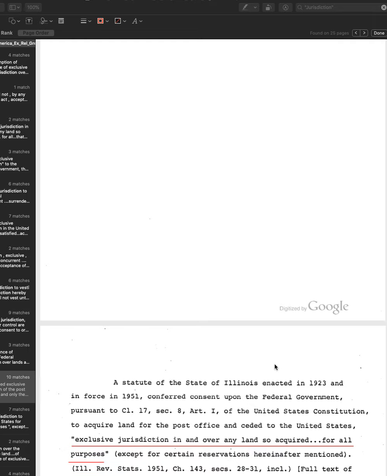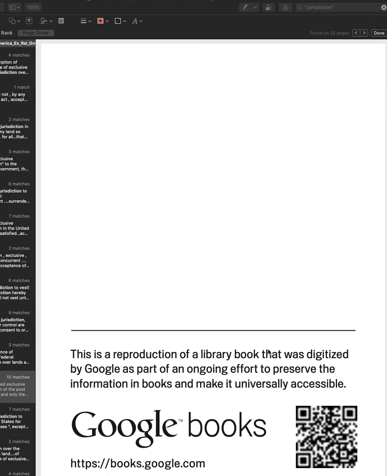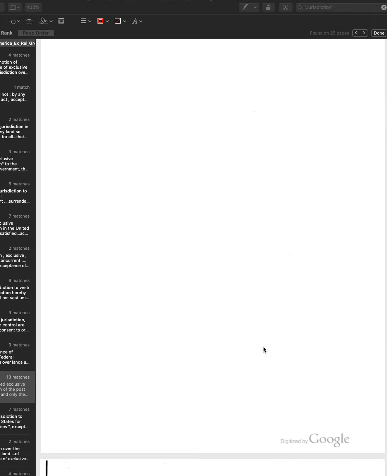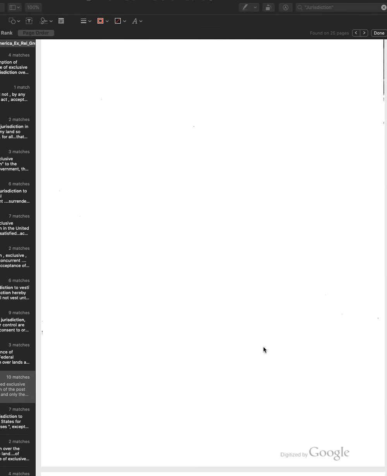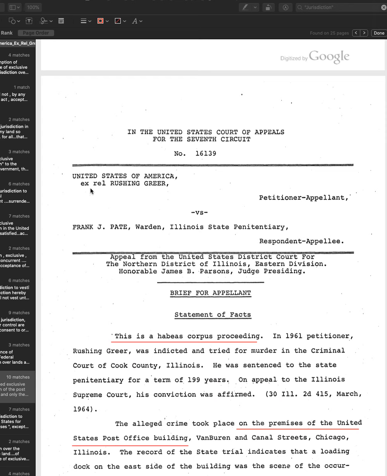Now remember, the defendant is the United States. The defendant is the federal government. The federal government brought this case forward. And they're saying they have the right to try this in the court as a crime because it occurred on federal land, whereas this guy, Frank J. Pate, who is in prison or was in prison at this time for committing a crime.